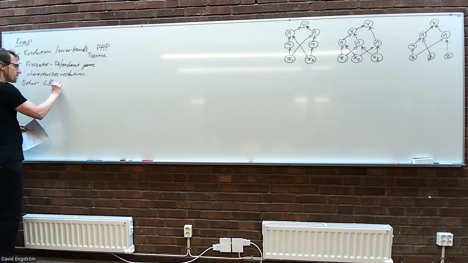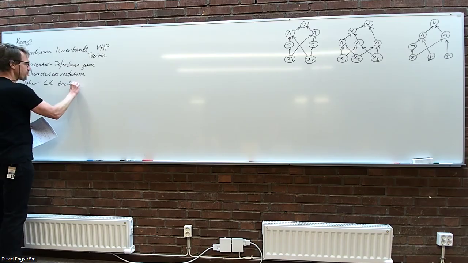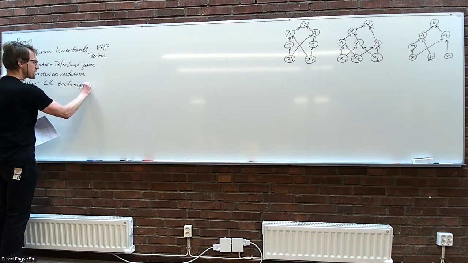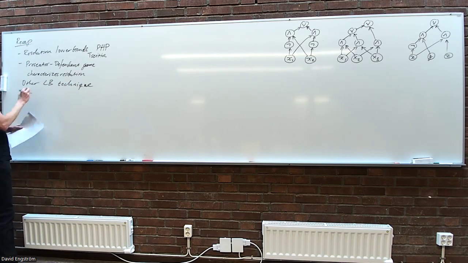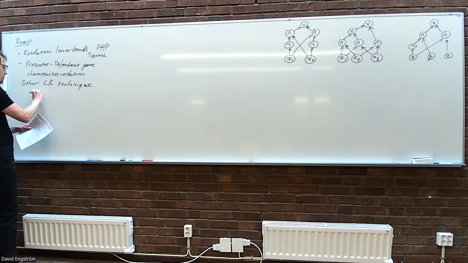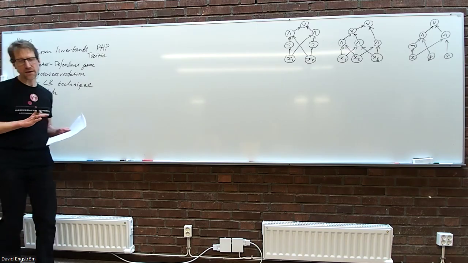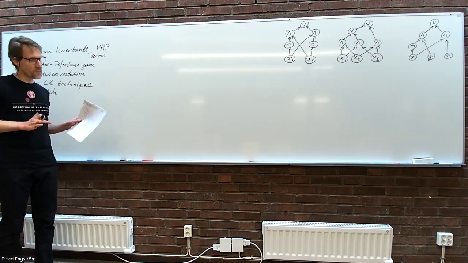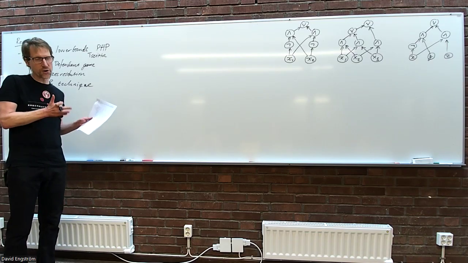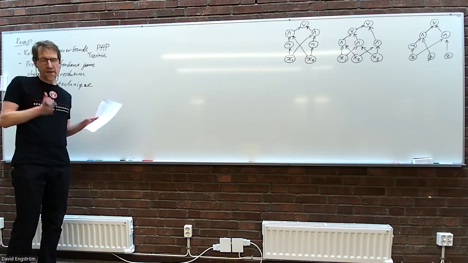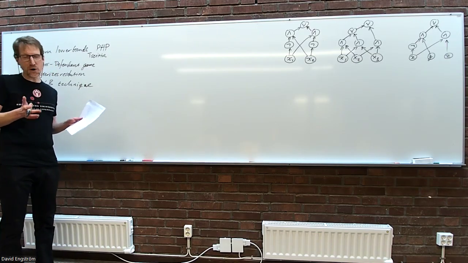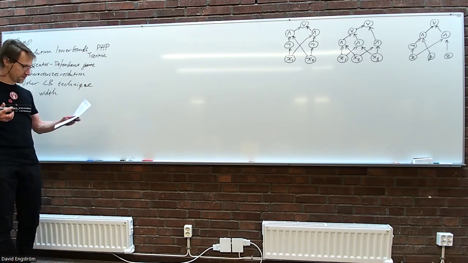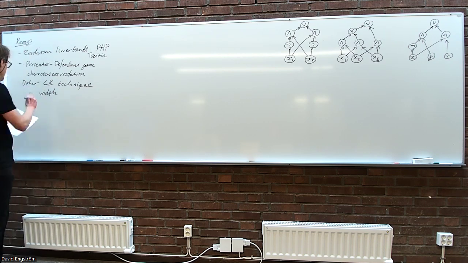Let me mention one technique that is super important that we'll get to in a bit, which is to look at resolution width. It will turn out that it's very convenient to study the size of clauses in a resolution proof, and if we can get a really good lower bound on resolution width, then that's actually an easier way of getting the lower bounds we struggled a little bit to get so far.